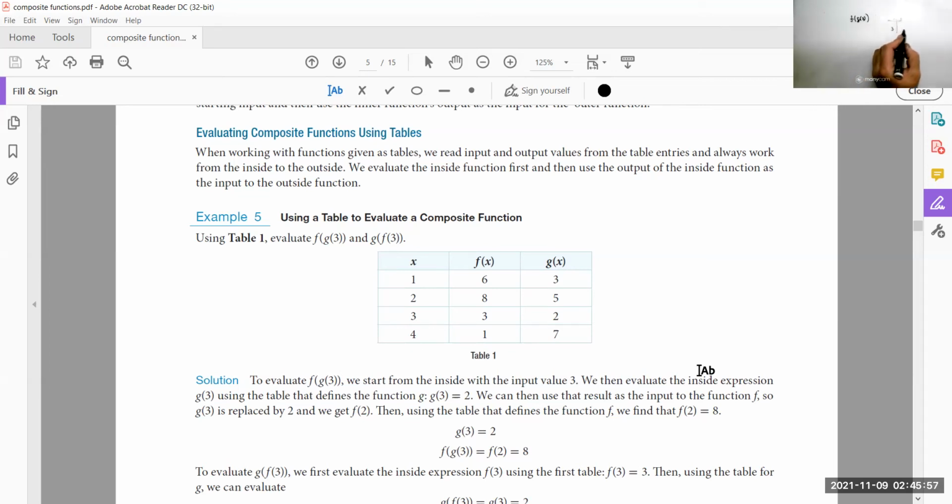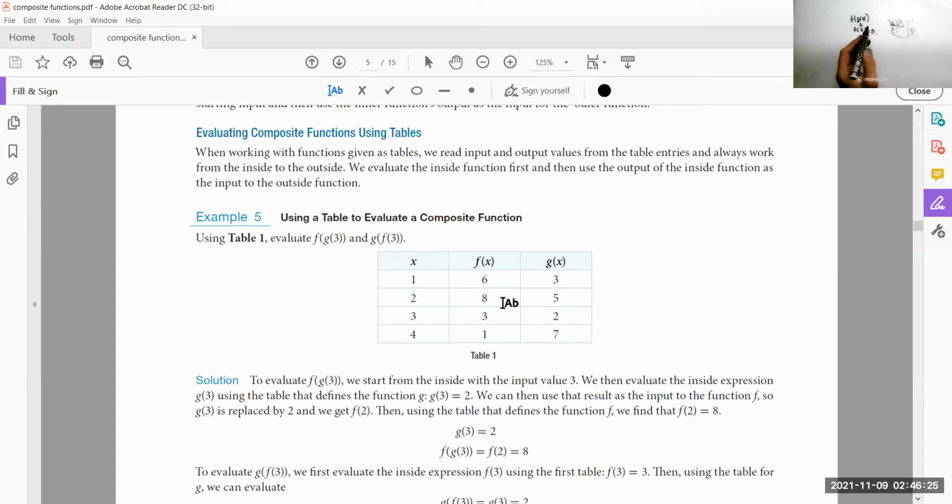This is the value of f, and this is the value of g. So when the input is 3, the output using g of 3 will be 2. So now this becomes 2. So now we need to look for f of 2. So now we look for when the input is 2, what is the output in f? The output in f, of course, will be 8.